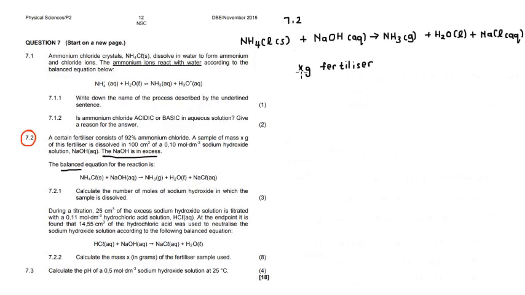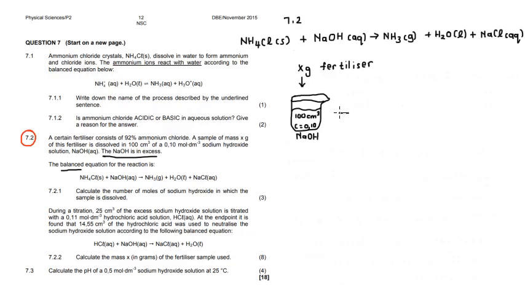We take these X grams of fertilizer and dissolve them, I'm going to use a beaker, in a certain solution of sodium hydroxide. So this is sodium hydroxide. Then what happened inside of this little beaker is this reaction up on top.